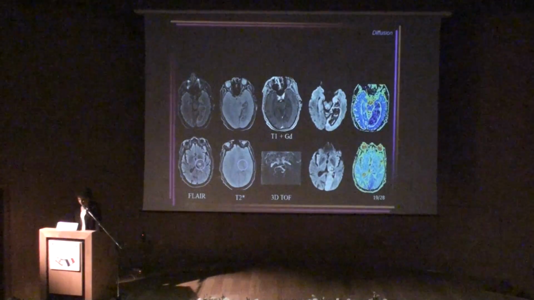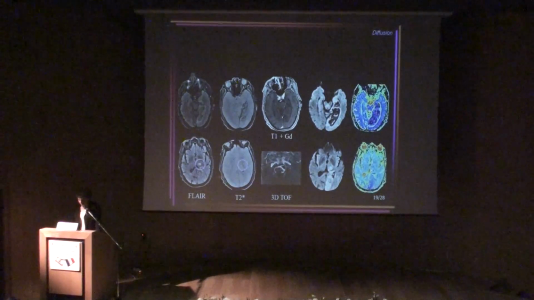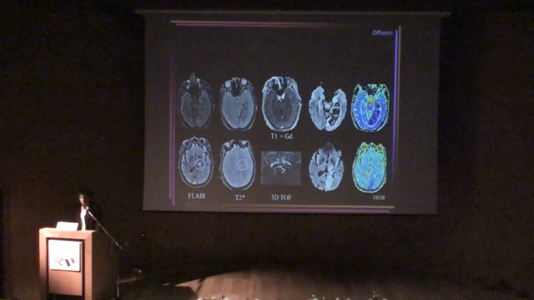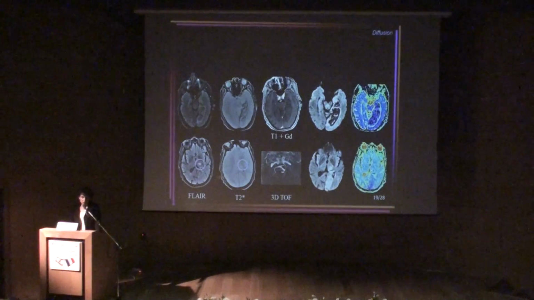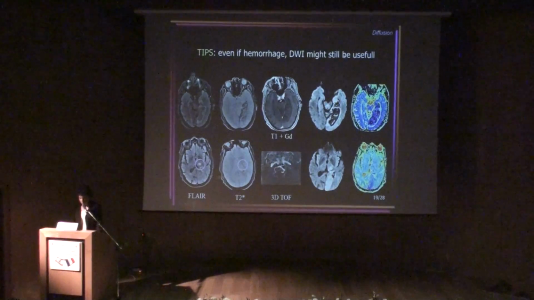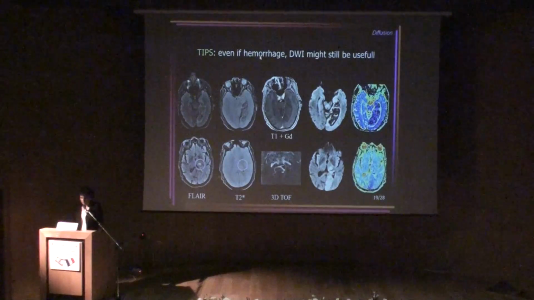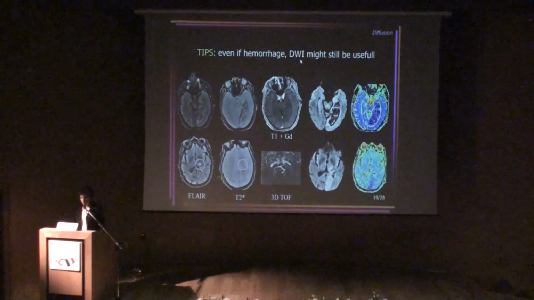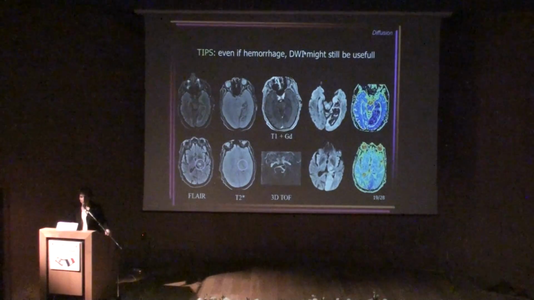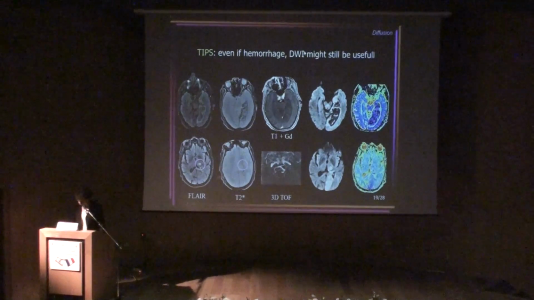But if you look at the lesion here that's not bleeding, you can read the images safely and conclude that there is indeed an ischemic stroke. So you have the final diagnosis thanks to the diffusion. So the conclusion is that even when there is blood, maybe we should keep doing diffusion because it might still be helpful, especially in areas without blood.